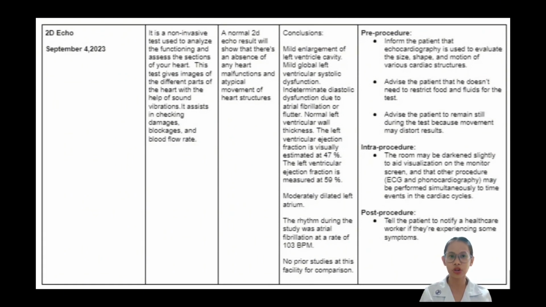The left ventricular ejection fraction is visually estimated at 47%, and the left ventricular ejection fraction is measured at 59%. Moderately dilated left atrium, so the rhythm during the study was atrial fibrillation at a rate of 103 beats per minute. No prior studies at this facility for comparison.